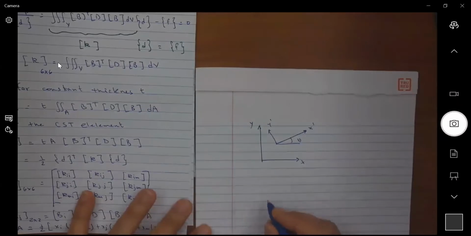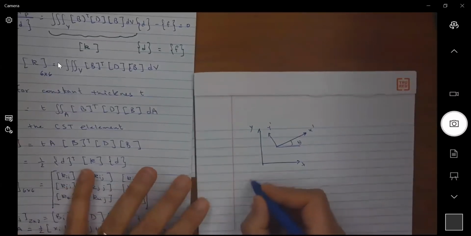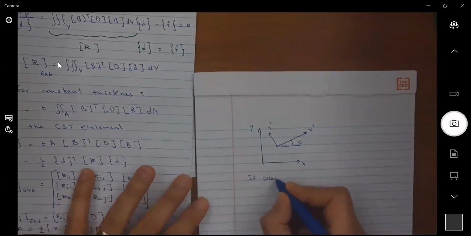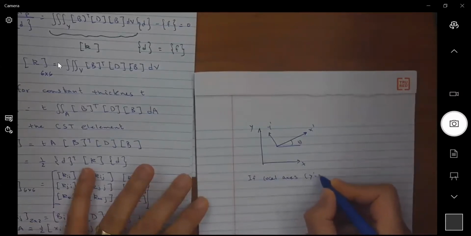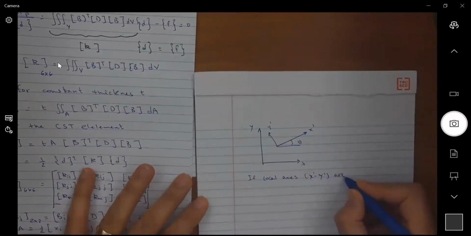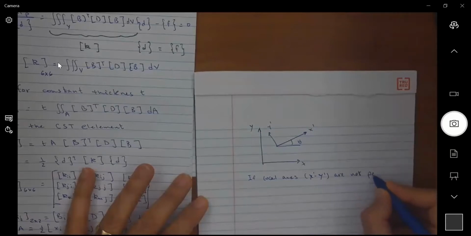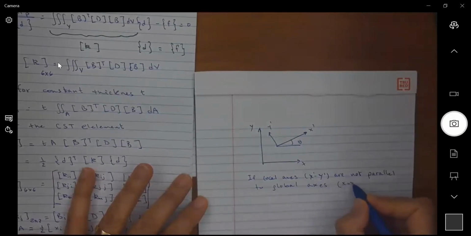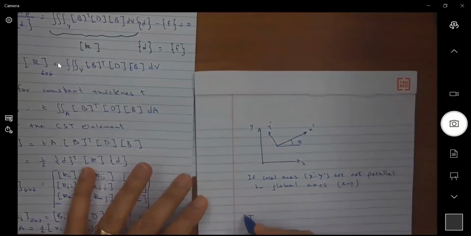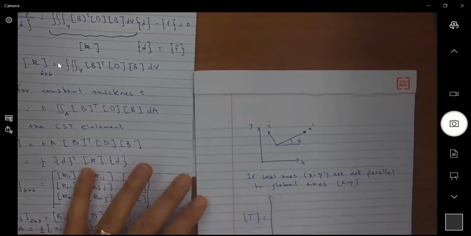Okay, but no big deal. If that's the case, so if the local axes x prime, y prime are not parallel to the global axes x and y, then we'll be using T. And this T is based on the 6 degrees of freedom.